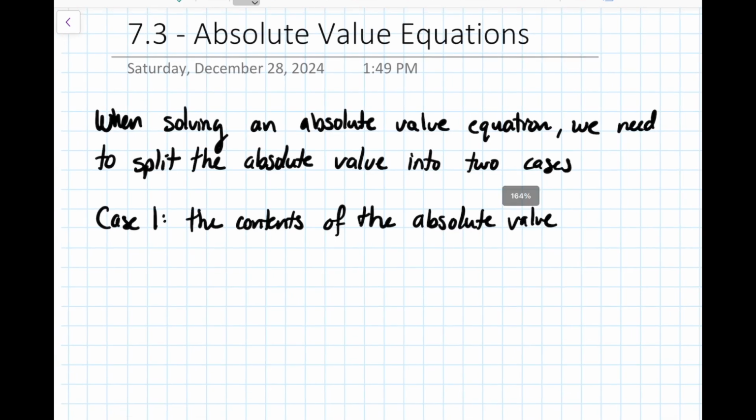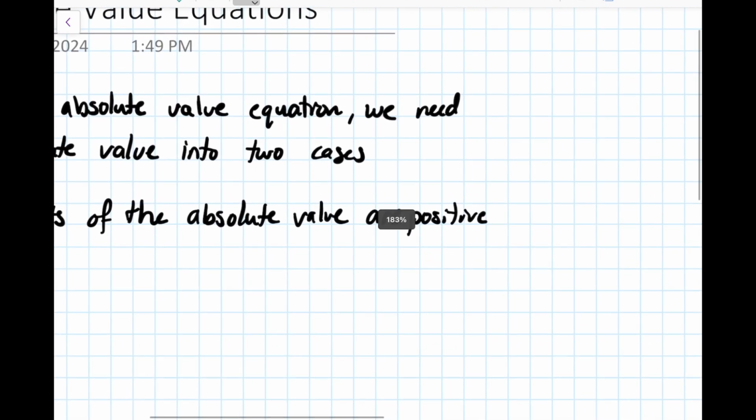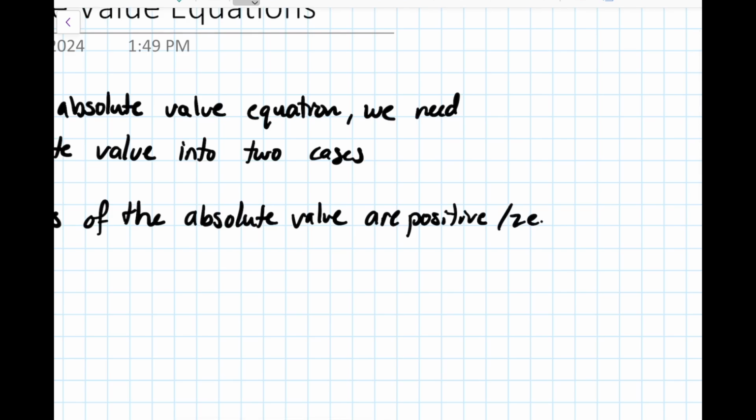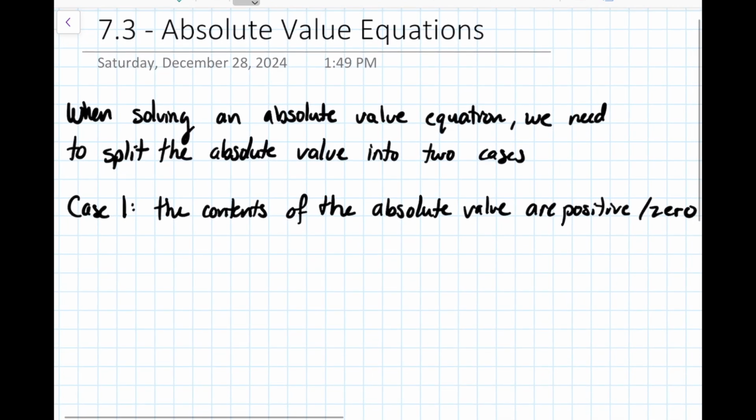When we did the absolute value, nothing changed, and so it stayed as was. So that's when the absolute value has a positive content, or we can throw a 0 in with that case as well. Case 2 is, not surprisingly, going to be what happens if whatever's in the absolute value is negative. So the contents of the absolute value are negative.